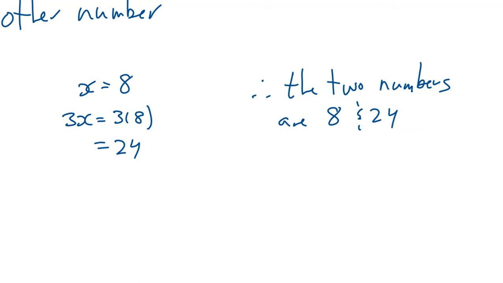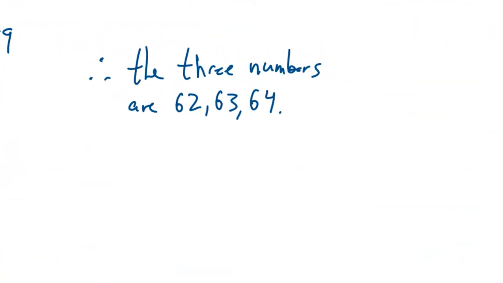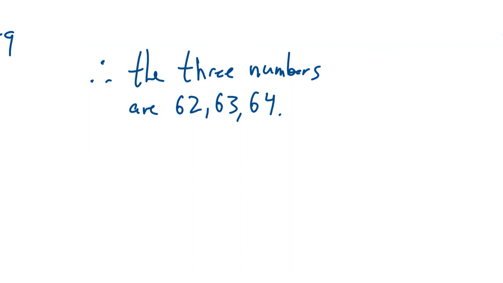Showing that step is something that you're going to have to do. For me, when it's one of these consecutive questions, you don't have to show all that extra work. You can just say 62, 63, 64, that's fine. But again, some teachers are going to maybe ask you to show more steps or show your work entirely, so you have to make sure that you understand what their expectations are.